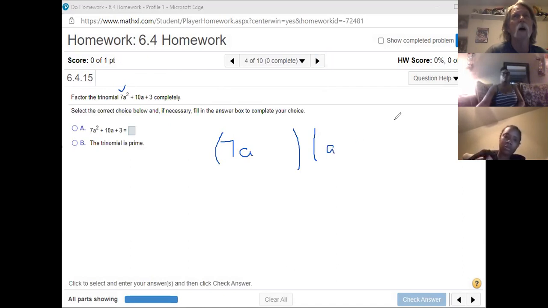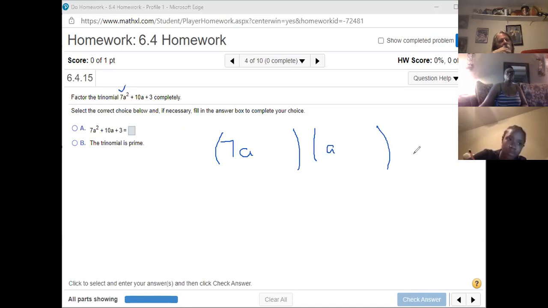There's no other combinations. The ones that kill you and give you a headache are the ones like 36. Things that have several combinations. Those are the ones that are killers. And 3 is the same thing. It's a prime number, okay?